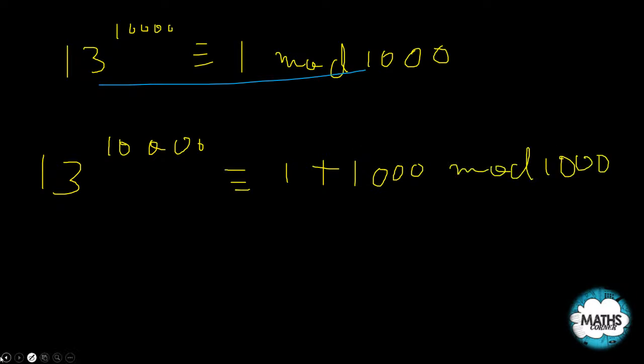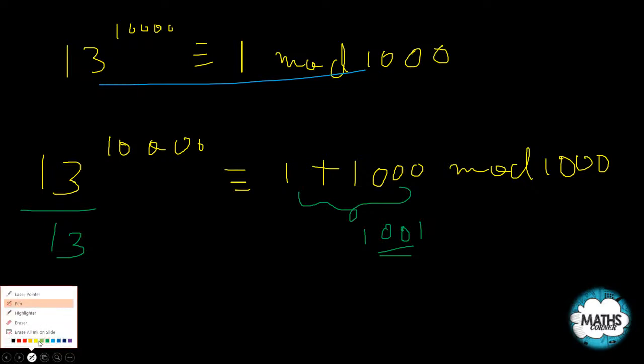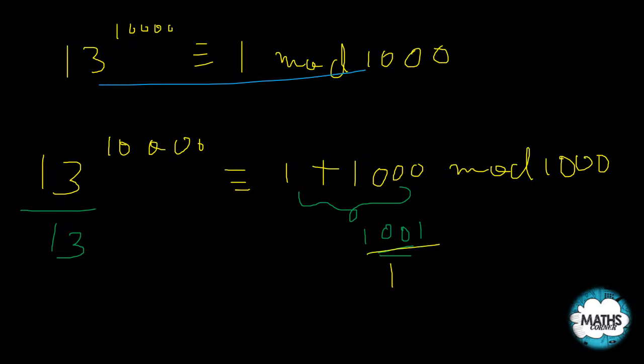Now what is 1 plus 1000? This is my 1001. Now I want to cancel out 13, and as the GCD of 13 and 1000 is 1, I can cancel out the common factor. So I am cancelling 13 on both sides. 13 raised to power 10,000 divided by 13 will be 13 raised to power 9999.